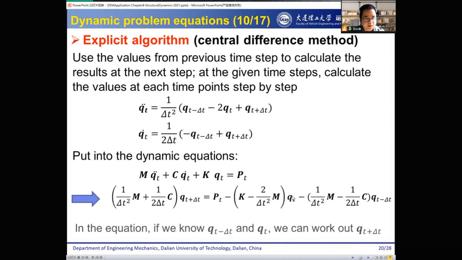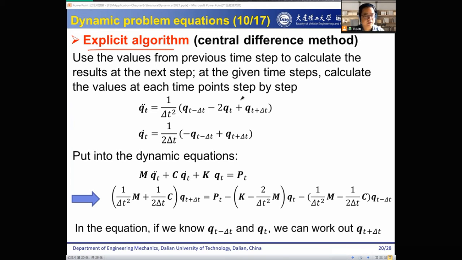First we talk about the explicit algorithm. For Abaqus or ANSYS, for the explicit solver, we use the explicit algorithm, but for the implicit or the standard solver, we use the implicit algorithm. Therefore, it's important for you to know the difference between the explicit and the implicit.